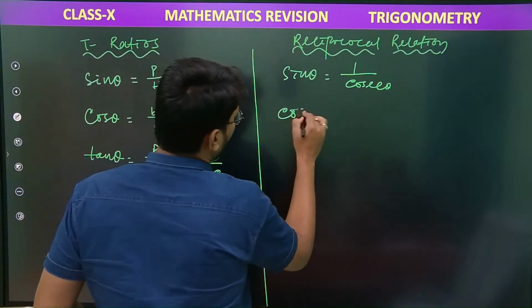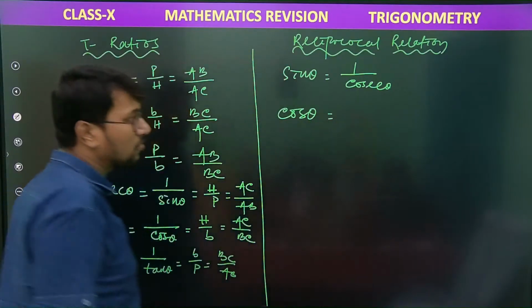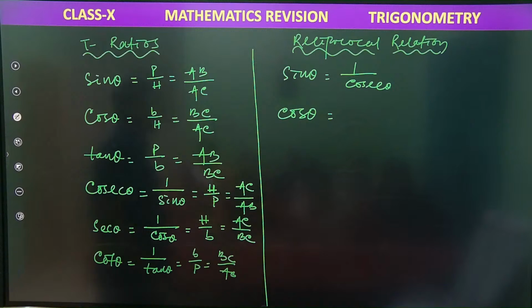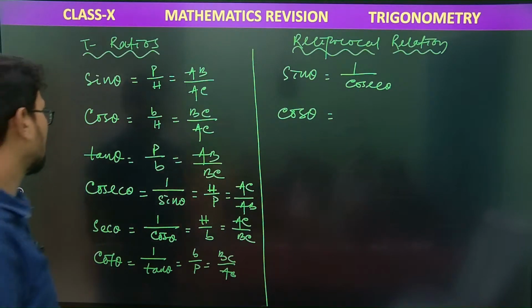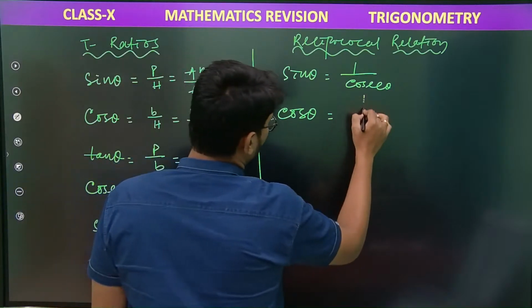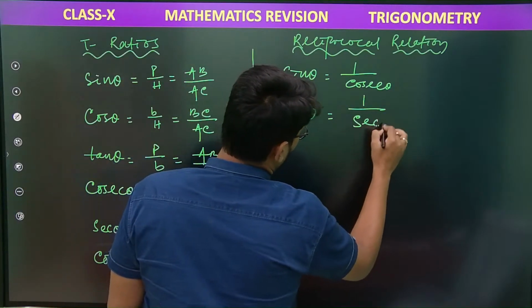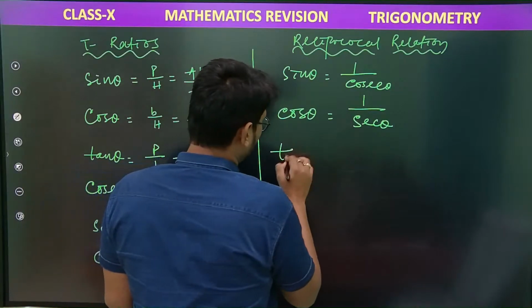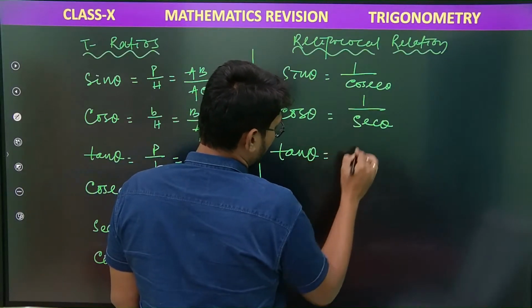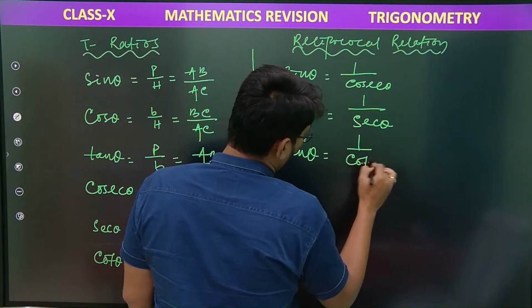You can write it. Simultaneously write it; though you know this, still note it down, and then directly we will start the question answers. Cos theta is the reciprocal of sec theta: 1 by sec theta equals cos theta. Tan theta equals 1 by cot theta.